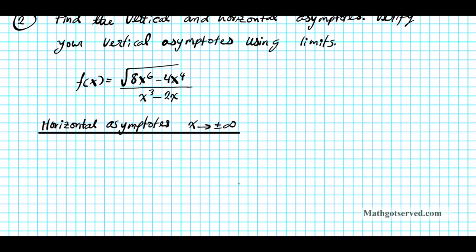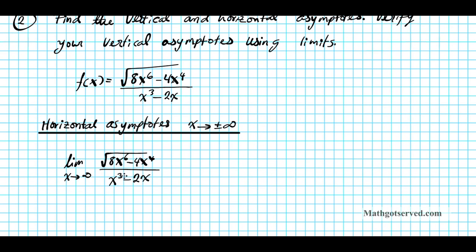Okay, so let's go ahead and start by heading to infinity. So we're going to find the limit as x approaches infinity of the square root of 8x to the 6th minus 4x to the 4th over x to the 3rd minus 2x.